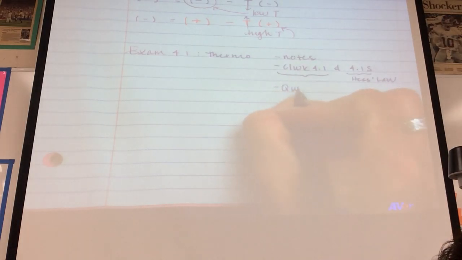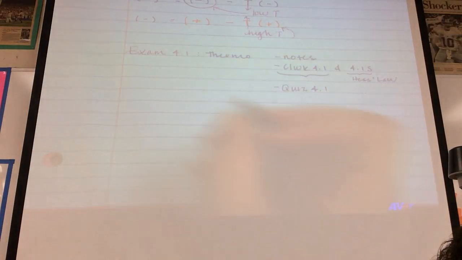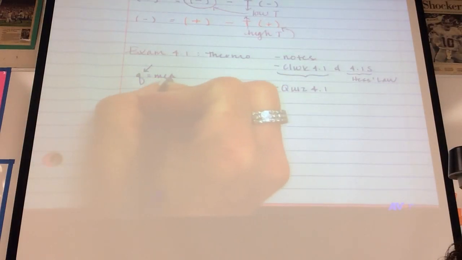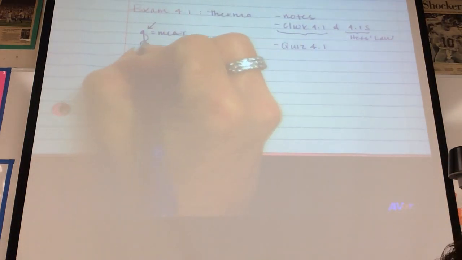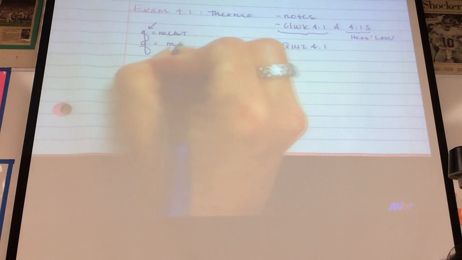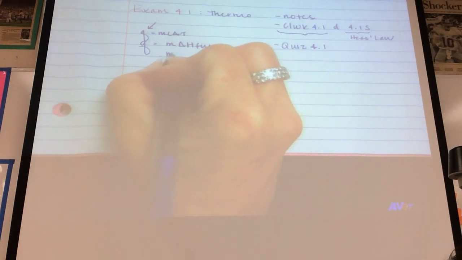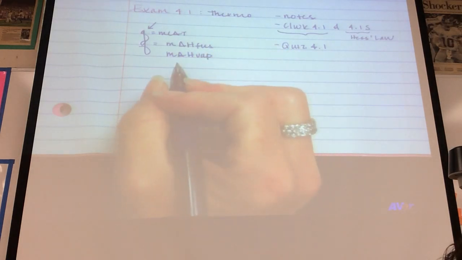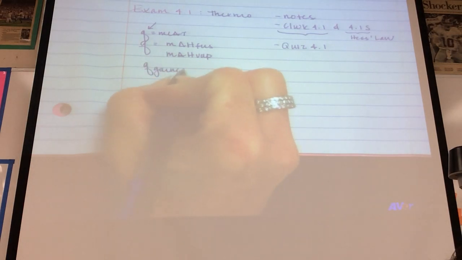I will return this quiz to you today so that you've got it to study from, but make sure you're comfortable with determination of Q using mc delta T. Make sure you're comfortable with determination of Q when you're either melting or freezing, boiling or condensing. Make sure you're comfortable with calorimetry.